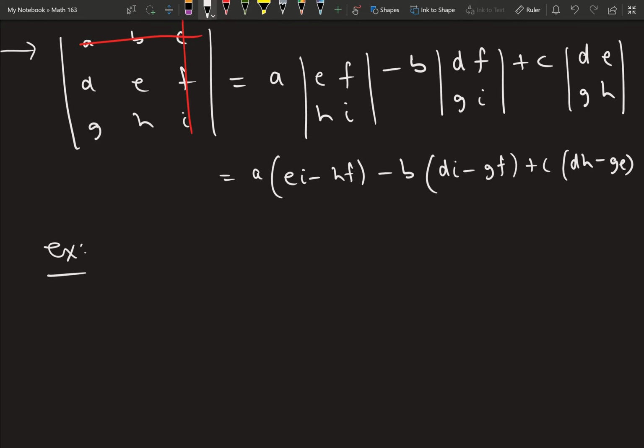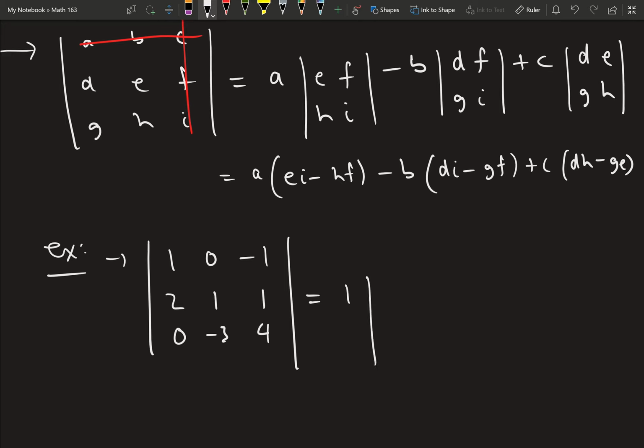Let's just do one example and then we'll stop here. So let's find the determinant of 1, 0, negative 1, 2, 1, 1, and 0, negative 3, 4. So what is this going to be? This is going to be expand about the first row, 1 times the corresponding minor matrix, which is right here.